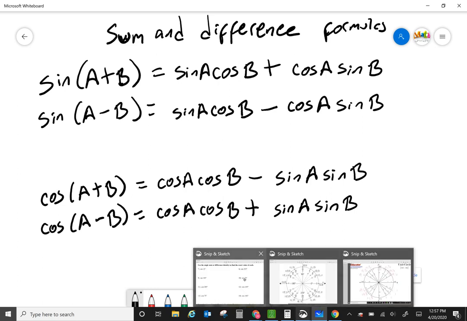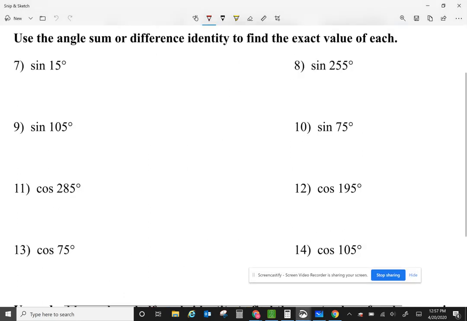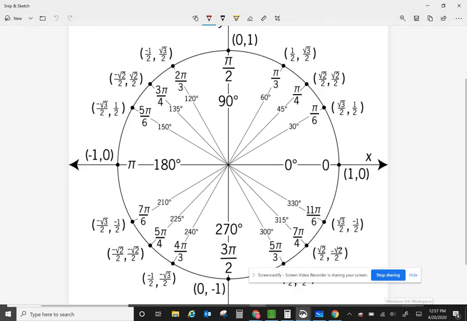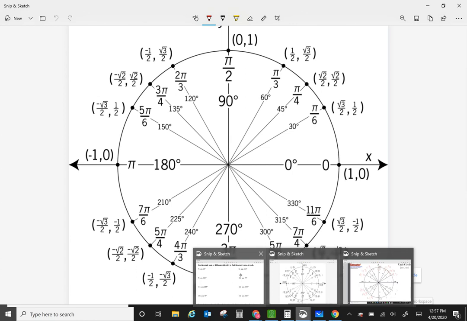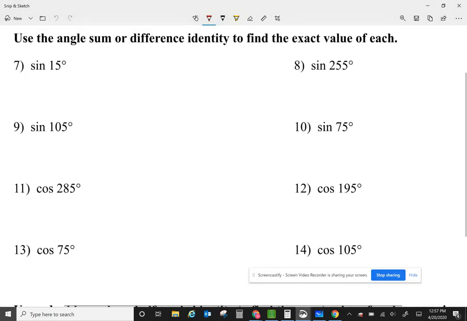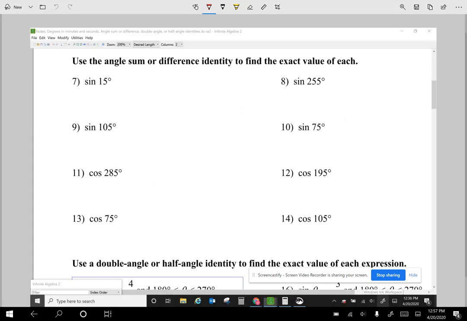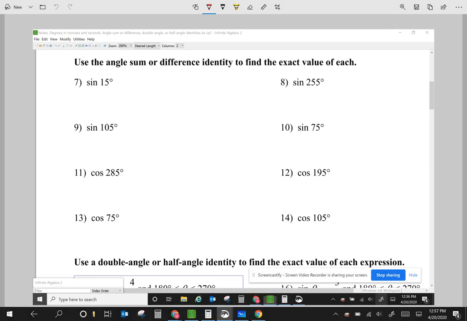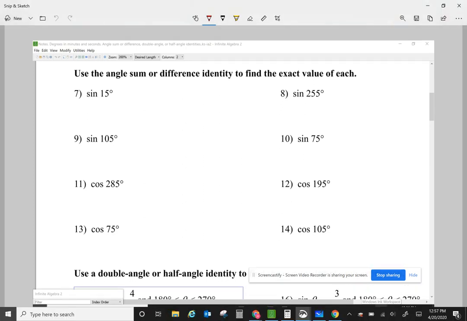All right, so let's take a look at our work. Remember your unit circle. Okay, so let's go back to here. For purposes of practicing both adding and subtracting, for my first two examples, questions 7 and 8, notice for the notes I put sine questions 7 through 10 and cosine questions 11 through 14.